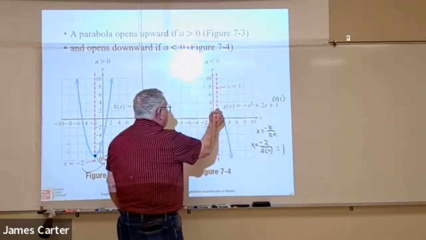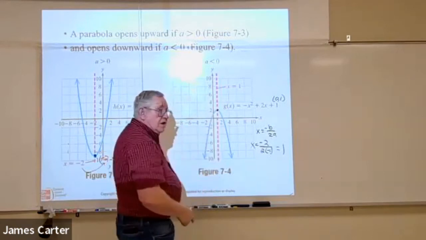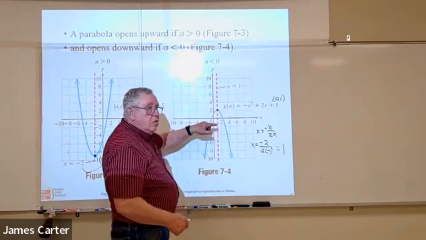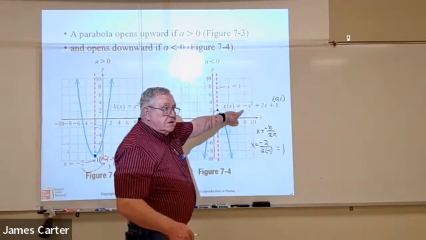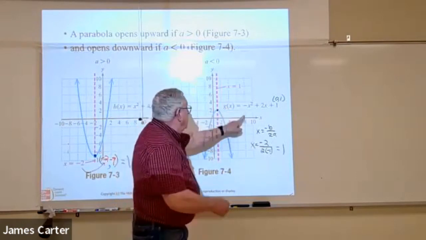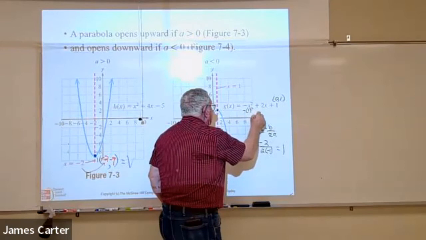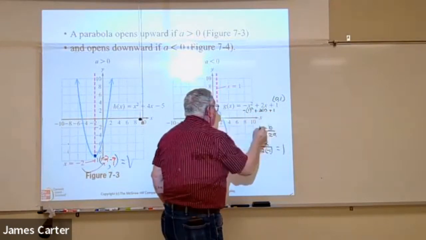Okay, well, look at this point right here. 1, x is 1 right there. Now, how do I find the y value? Substitute 1 into this. Negative 1 squared plus 2 times 1 plus that 1.